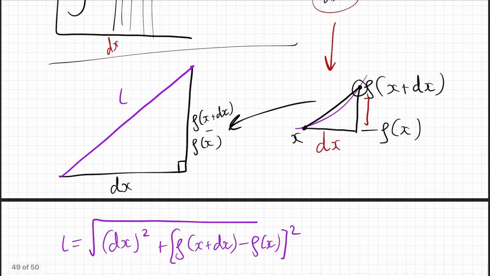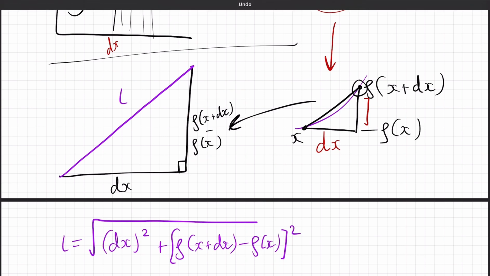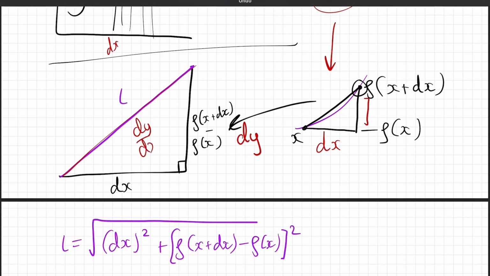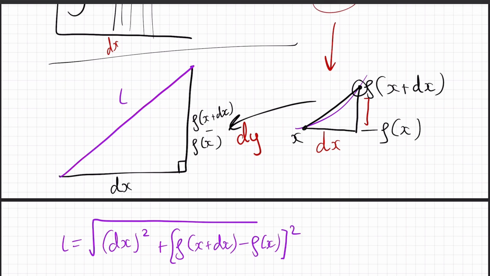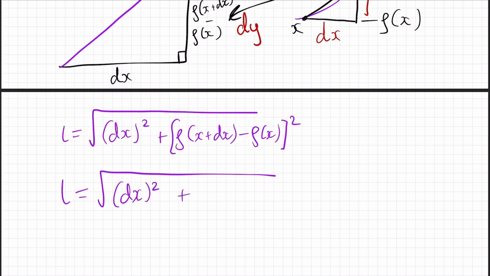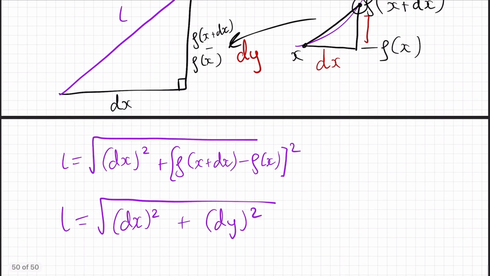If you've watched the previous short, you'll know that you can also write this length as simply dy, because this is the change in x and this is the change in y, and overall this is going to be the gradient dy by dx, like so. That means we can rewrite our length formula like this, a lot simpler. We can just say it's the square root of dx squared plus dy squared, like so. That makes it a lot more simple.